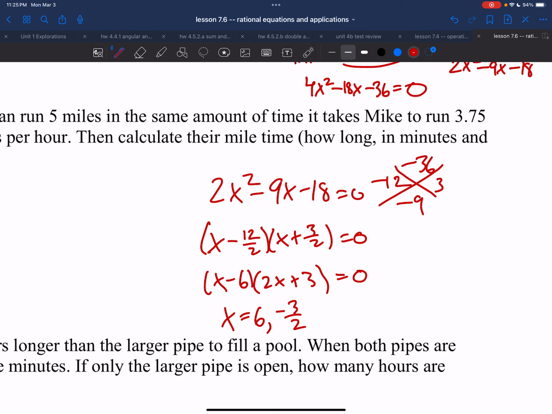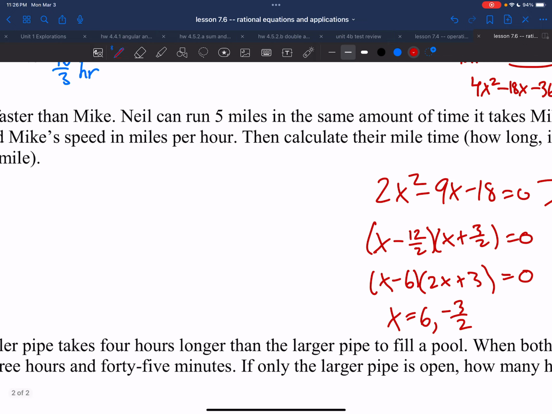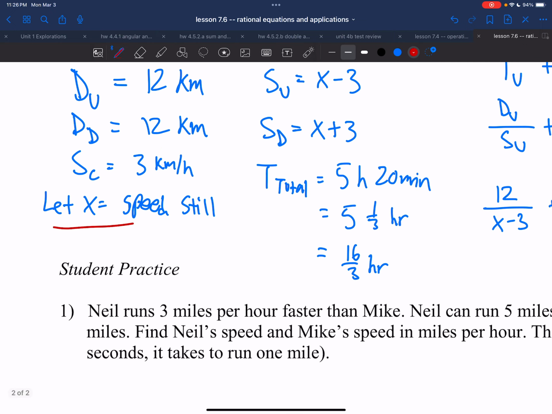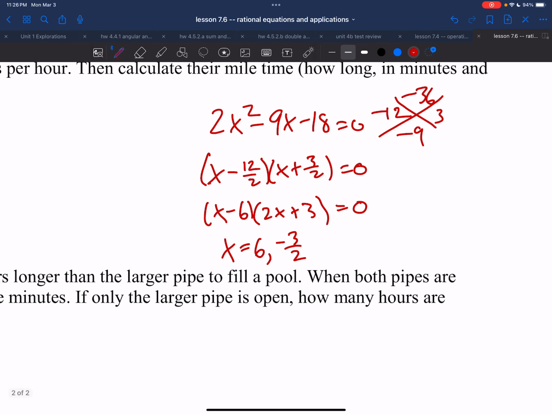Okay, so I got two answers for x, but don't just box that, right? Remember, we're in a word problem. These numbers mean something. What was x? X was the speed in still water in kilometers per hour. Does it make sense to go negative 1.5 kilometers per hour? Well, you might say yes if we were talking about velocity, but we're not.